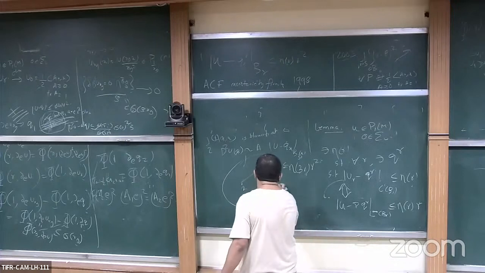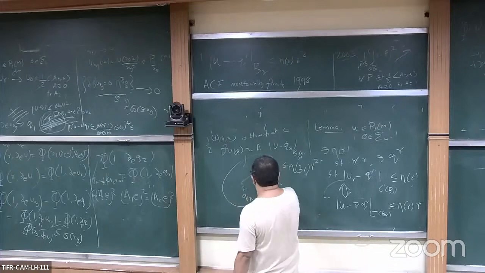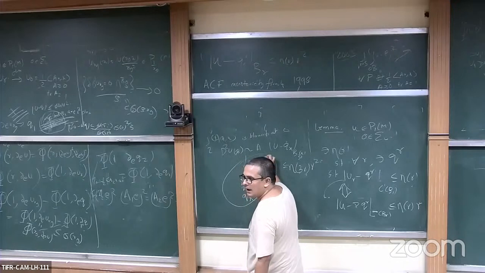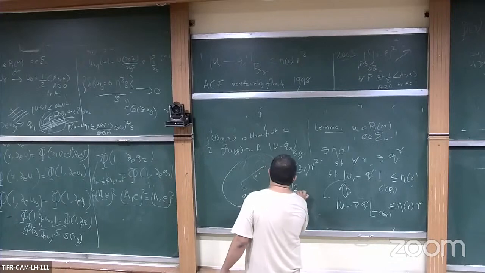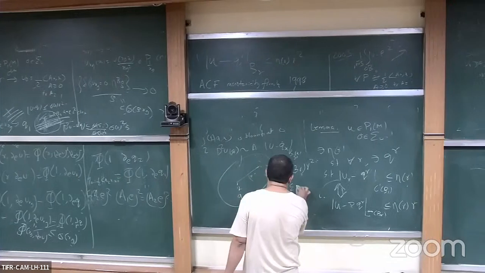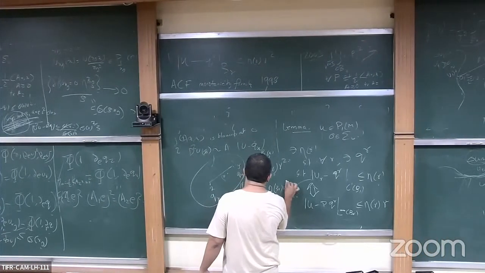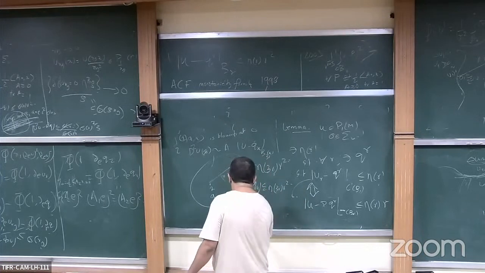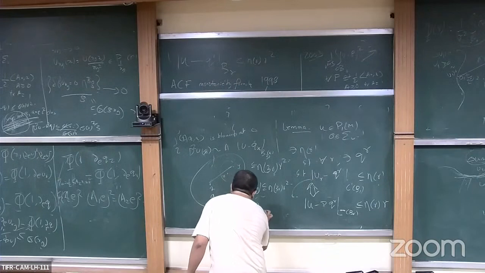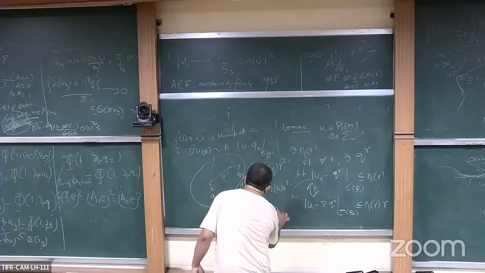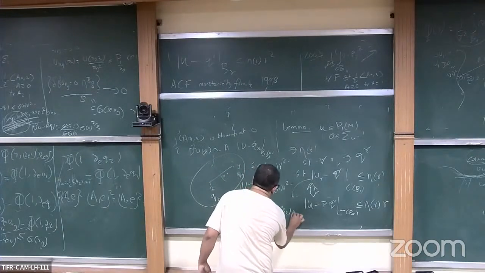Likewise, over here you will have that u minus qy, in the same ball because it contains the r ball of y, or 5r ball of y, is less than or equal to eta 3r of r square. So that means that qx and qy are this much close, in eta 3r r square.